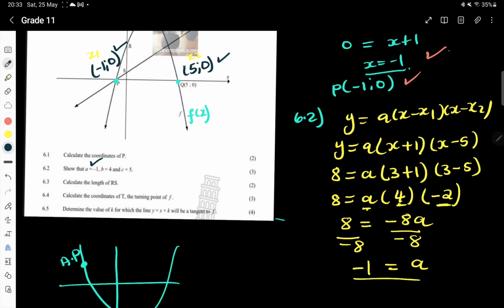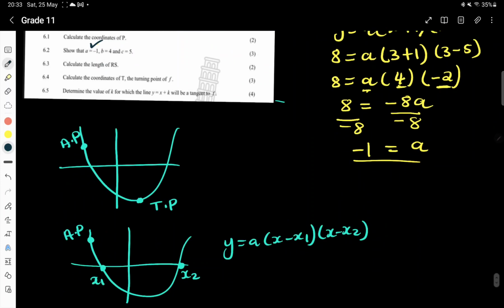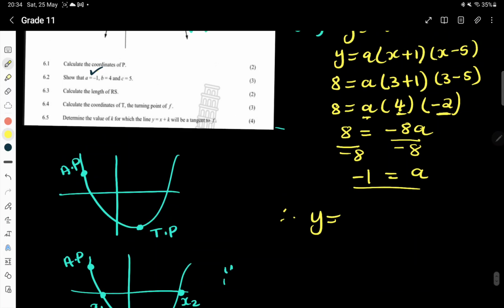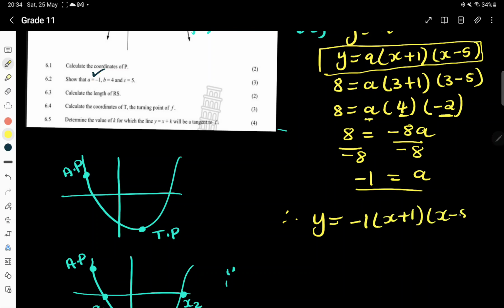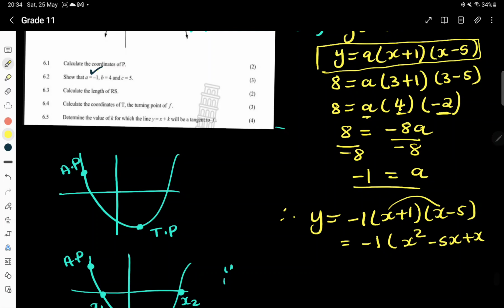Now to get b is simple. Therefore, y is equal to, you start writing from that equation. Y is equal to your a, which is negative 1, into (x plus 1)(x minus 5). Negative 1 times x times x is x squared minus 5x plus x.